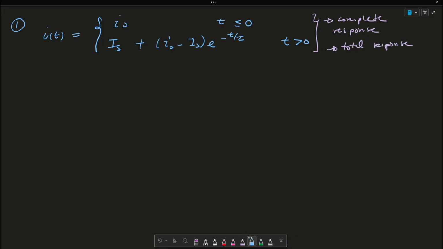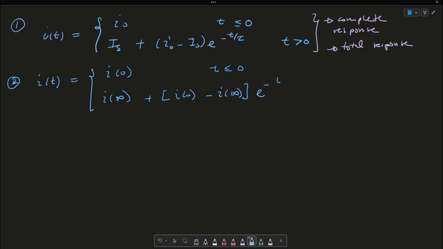So then the second way to write this, I of t, is going to be this I0, or my initial condition, for t less than or equal to 0, and then I to the infinity plus (I0 minus I to the infinity) times e to the minus t over tau for t greater than 0.